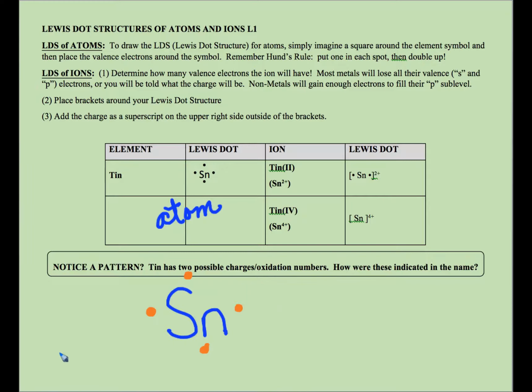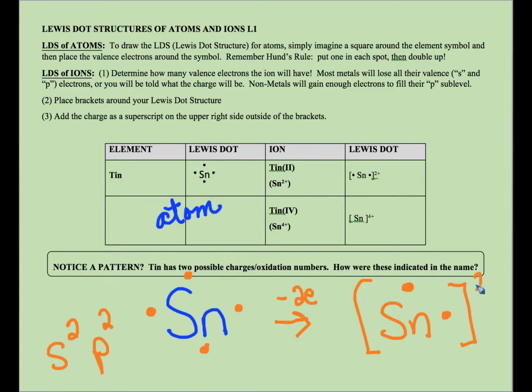So tin has 2 S electrons and 2 P electrons. If tin lost its 2 S electrons, it still has 2 remaining. And then if it's an ion, we always put brackets and charges.